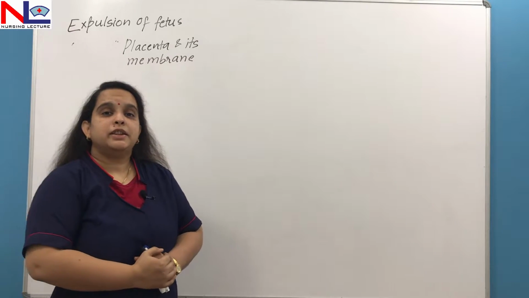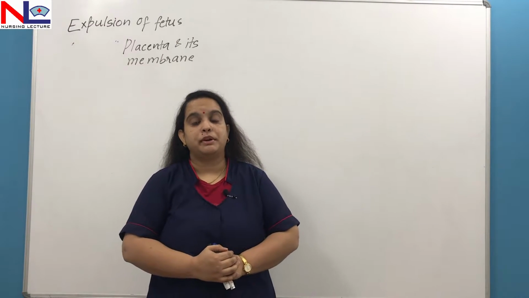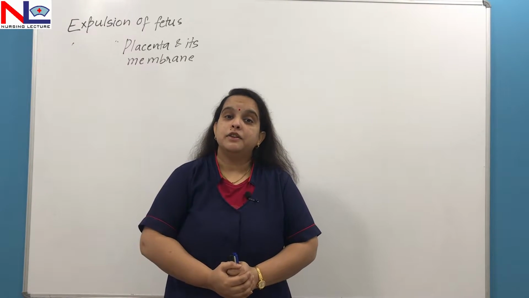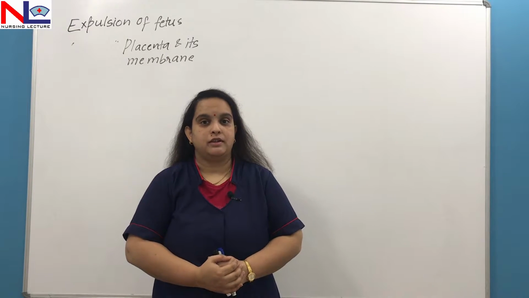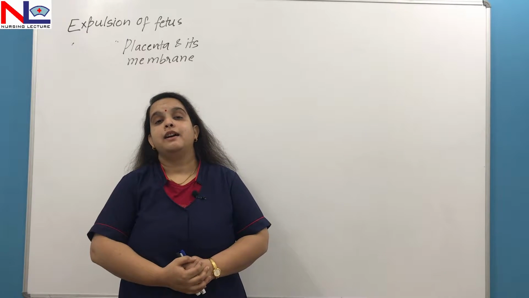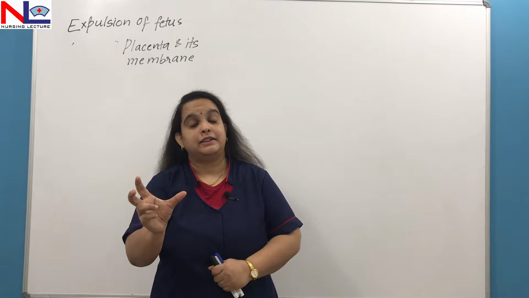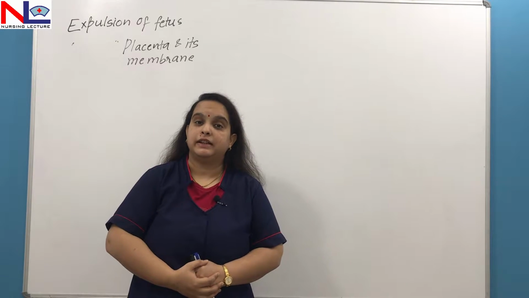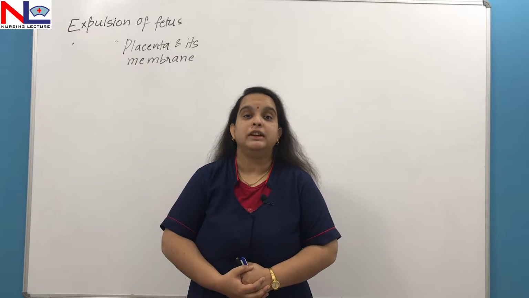The pressure within the uterine cavity remains the same as in the second stage of labor, because we have seen in the first stage of labor there is a 40 to 50 mm of Hg pressure once the uterus contracts within the uterine cavity, right? Because there is only a need for dilatation of the cervix, but in the second and third stage the uterine contraction becomes more intense.